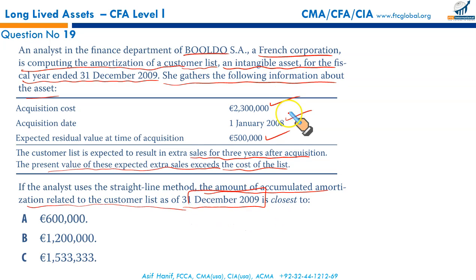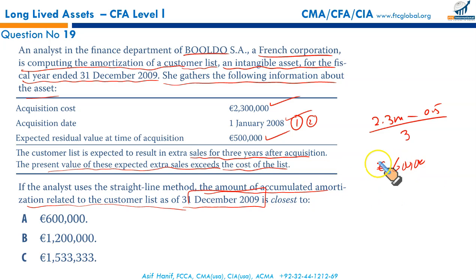When did we acquire? January 2008. December 2008, 1 year, and December 2009, 2 years. Means we are talking about 2 years accumulated amortization. How do we calculate the straight line amortization? Cost 2.3 million euros, residual value 0.5 million, and it is to be split over 3 years. 2.3 less 0.5 means 1.8 million upon 3, that is 600,000 euros every year.